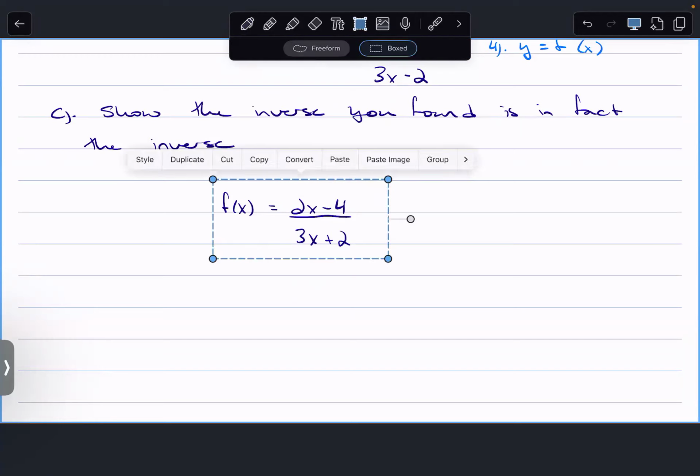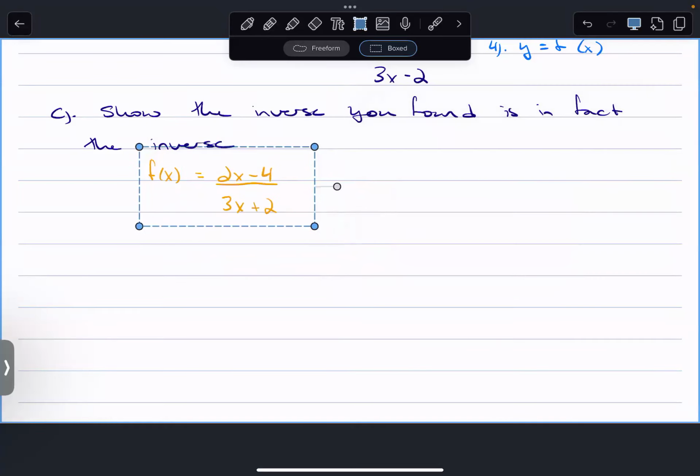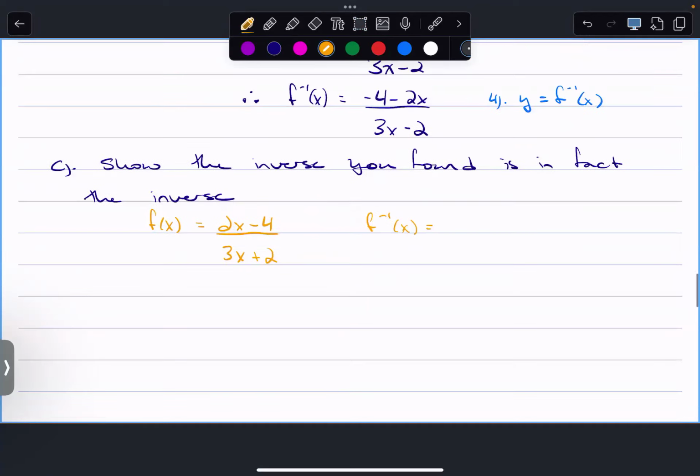And then I only brought these down so that we could just look at them. We're claiming that the inverse is negative 4 minus 2x over 3x minus 2.